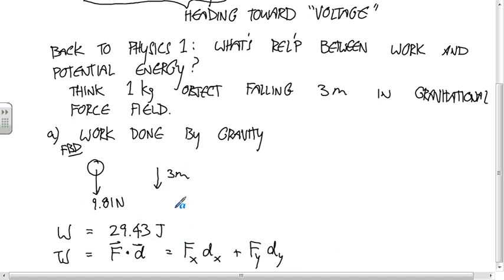In this case, the force vector was 0 in x, so that term goes away. If you did this in terms of vectors, you'd have 0 times 0 plus negative 9.81 times negative 3, and that gives you positive 29.43. So that's how you do it in terms of vectors.